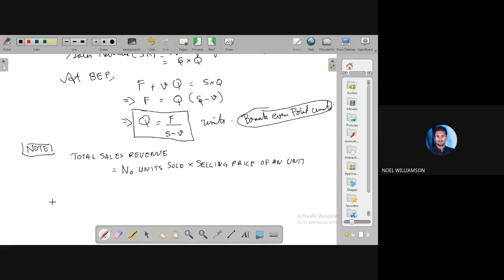Now, total sales revenue minus fixed cost plus variable cost gives you the profit or loss.